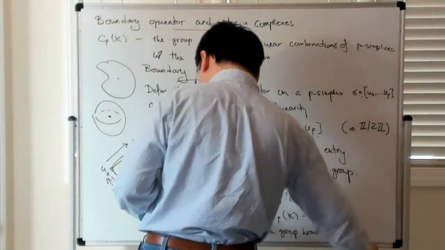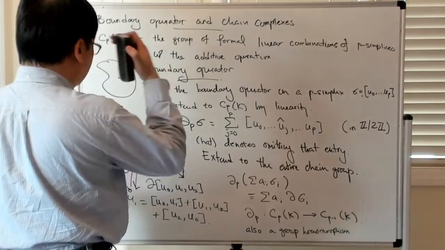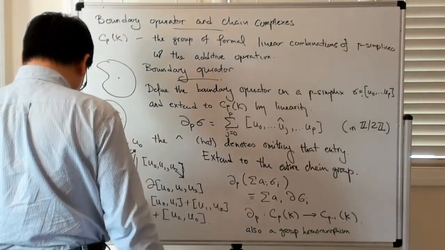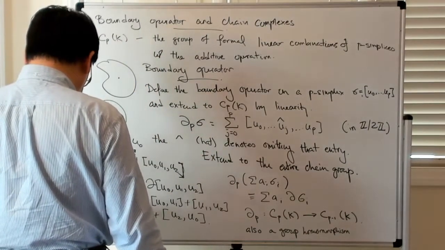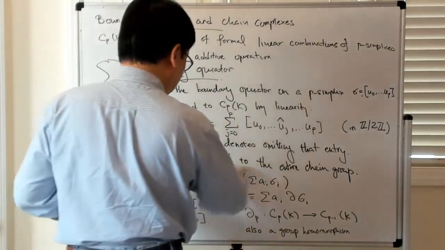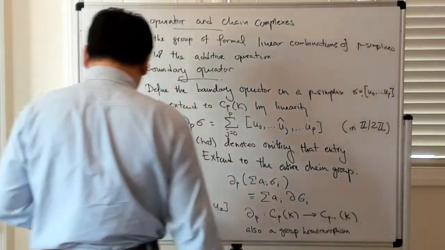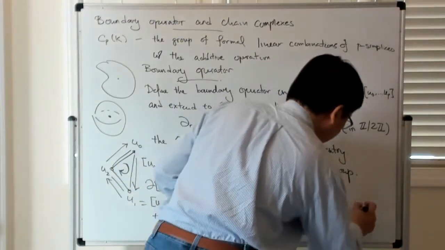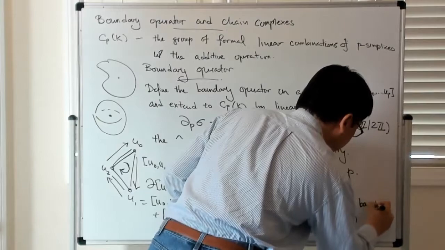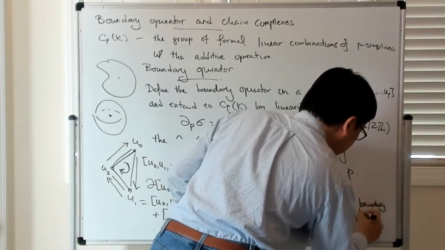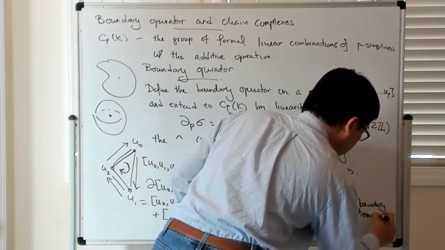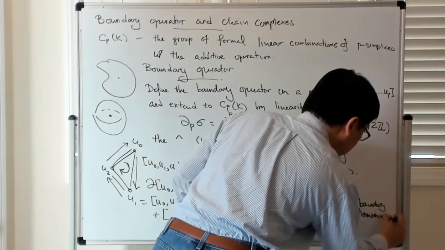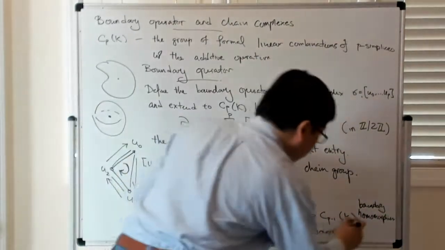That puts you in a situation where we can talk about what is called the boundary homomorphism, or just the boundary map.